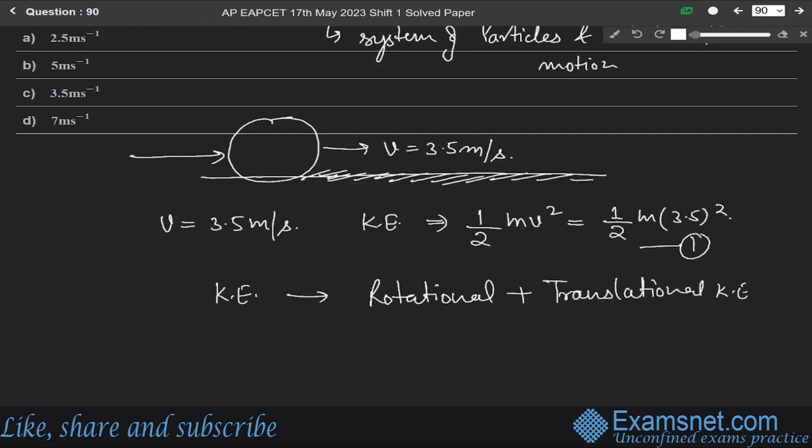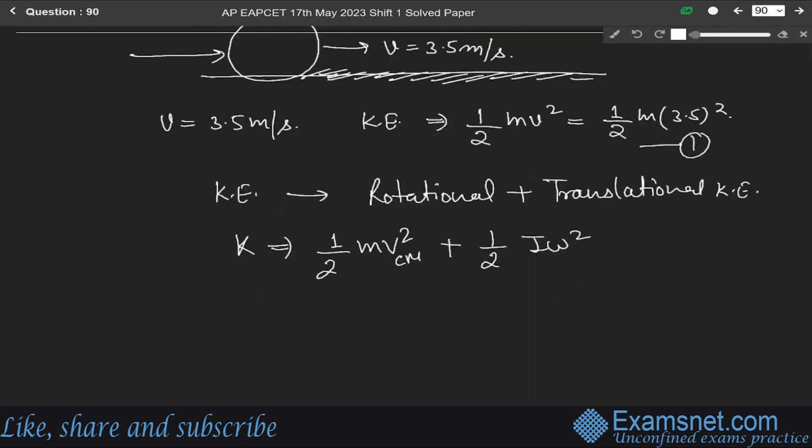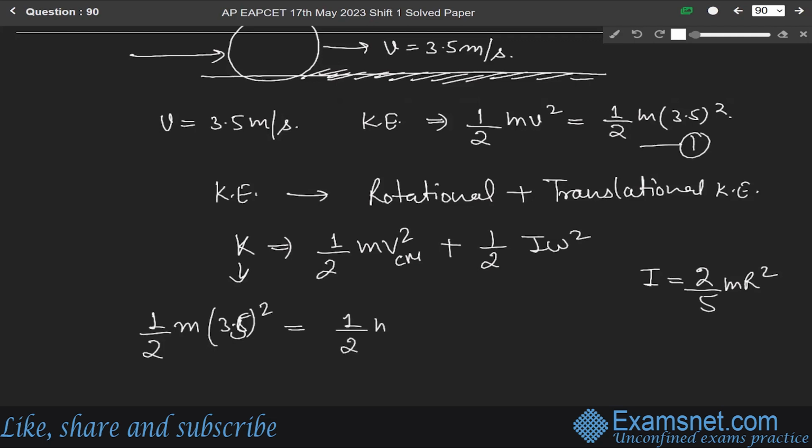So now this kinetic energy will be equal to half m v square around the center of mass plus half I omega square. For a solid sphere, we know that the moment of inertia I is equal to 2 by 5 m r square. So 1 by 2 m 3.5 whole square will be equal to 1 by 2 m v square around the center of mass plus 1 by 2 I, where I is 2 by 5 m r square, into omega square.